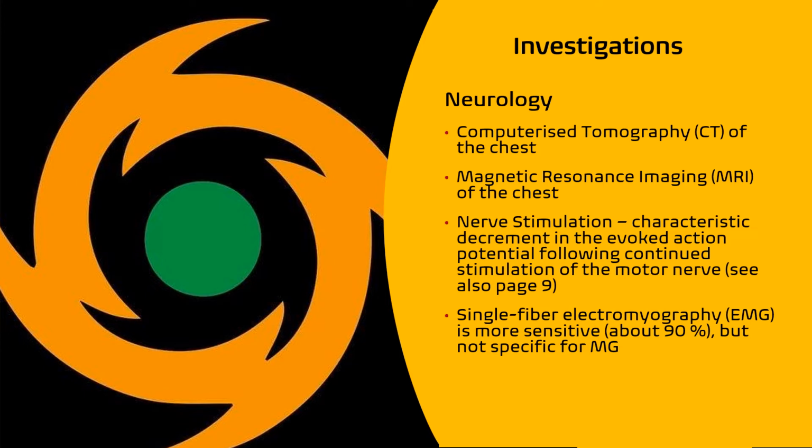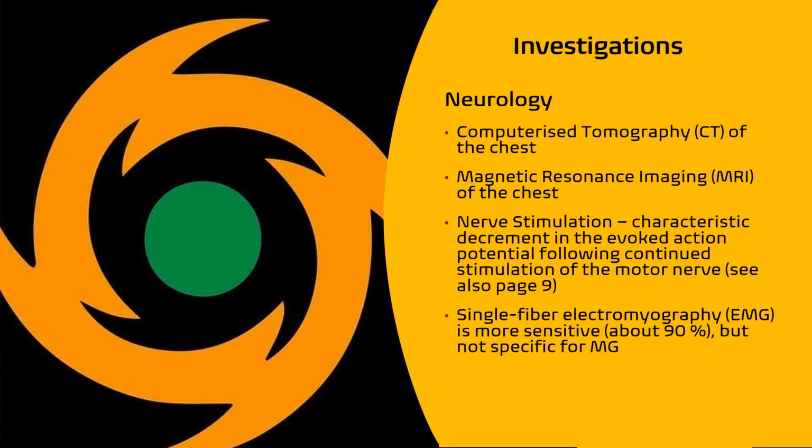In and around the investigations around myasthenia gravis, there can be neurological bases. There can be computerized tomography of the chest. There can be magnetic resonance imaging, or MRI, of the chest.